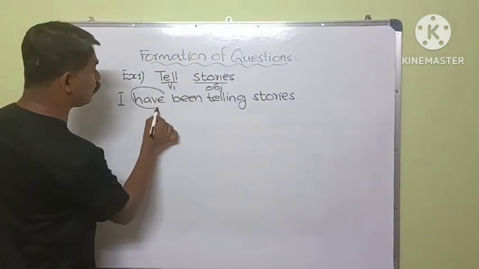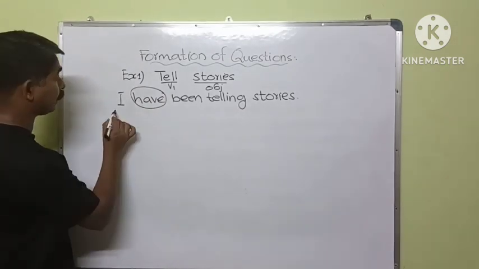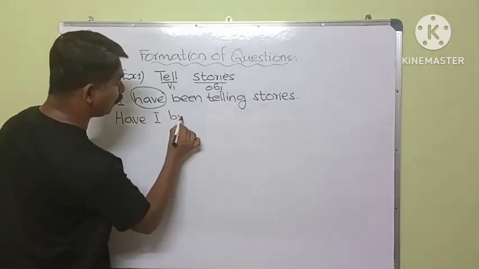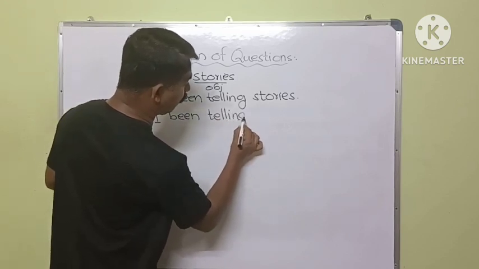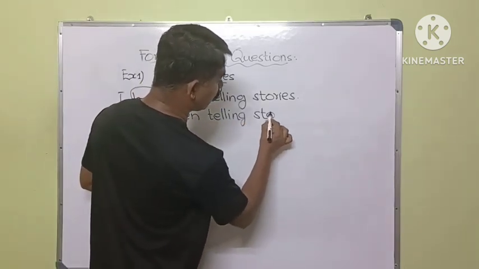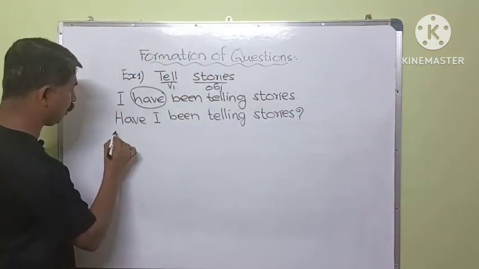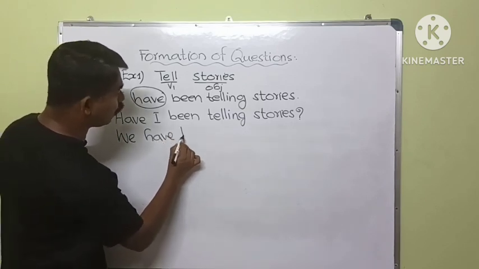The auxiliary verb must be taken out and placed at the beginning of the sentence. Have I been telling stories? Question mark.